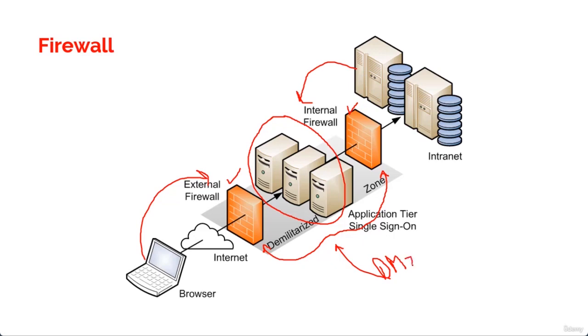Now, this firewall is used to connect to servers and equipment that can be regarded as both public and private, like web and email servers. I'll show you, just give me a second. So you can see this part here. This is the first firewall, and this is the second firewall. In between, there are these servers that need to be protected.